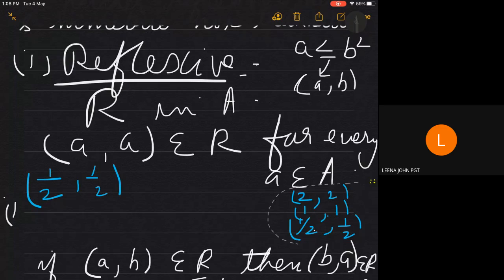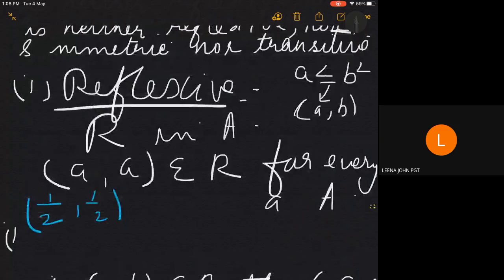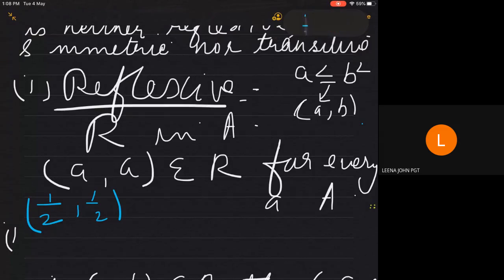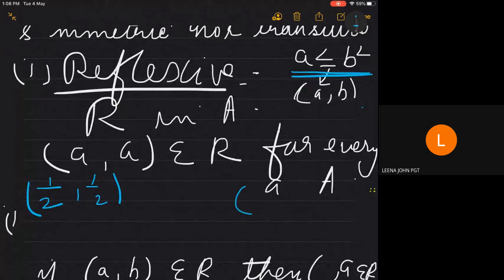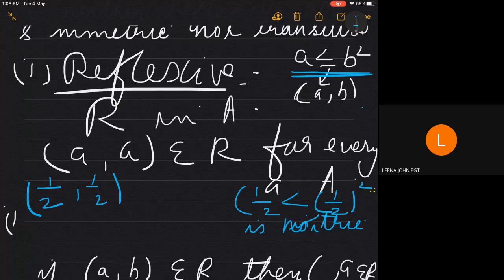If (a, b) is present in R, that means a is less than or equal to b squared. So for (1/2, 1/2), you have to check whether 1/2 is less than or equal to (1/2) squared. Is it true? It is not true, because 1/2 less than 1/4 is not true.